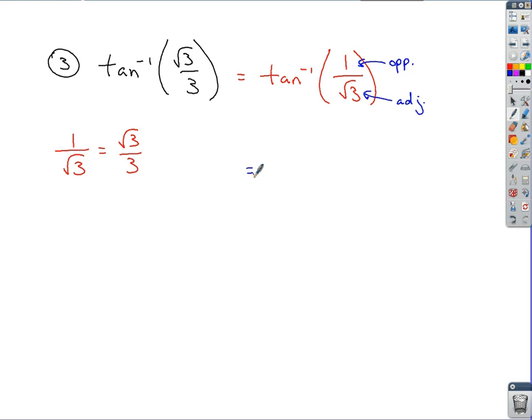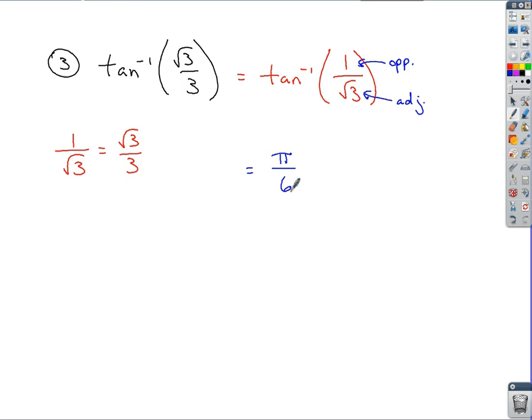What triangle comes to mind? 30-60. So if it's a 30-60, opposite, if it's going to be 1, we need to align ourselves with 30 degrees, right? 30 degrees as a radian measure is what? Pi over 6. So pi over 6 builds the foundation for our answer down here.